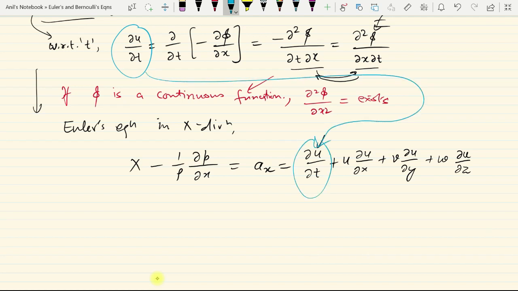Also this body force was negative differentiation of omega with respect to x.